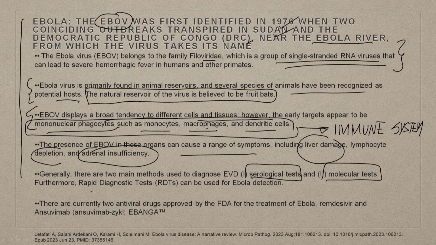Further, rapid diagnostic tests, RDTs, can be used for Ebola detection, and there are currently two antiviral drugs. You must have heard about these drugs. We learnt about them at the time of COVID, remdesivir and suvimab. These are the major broad antiviral agents currently available and approved by WHO.